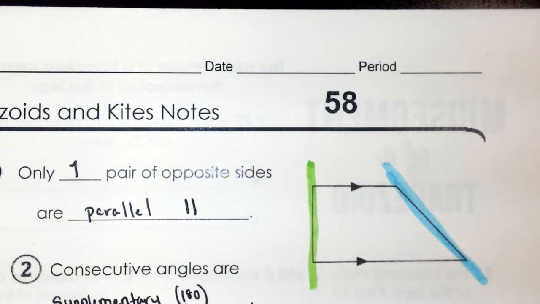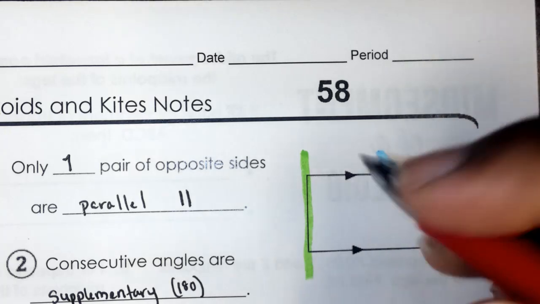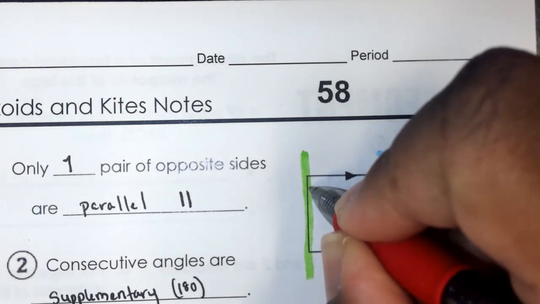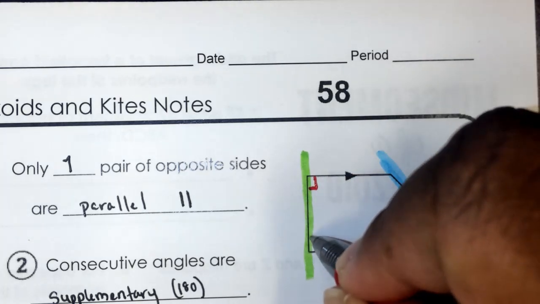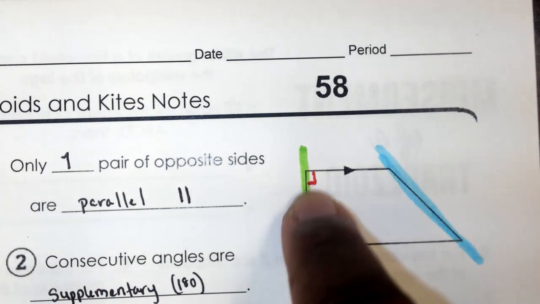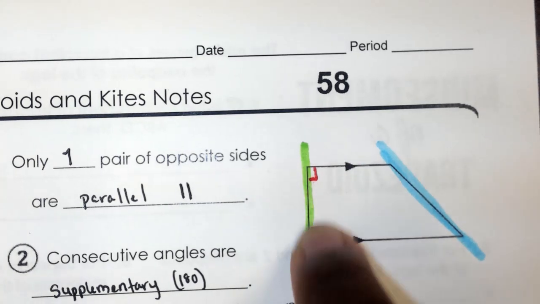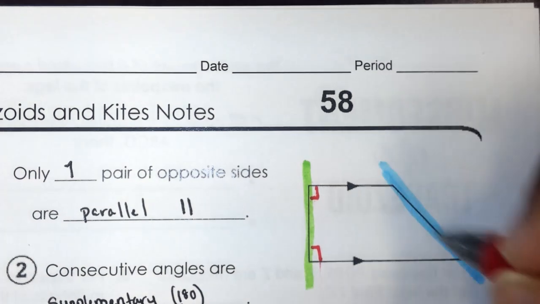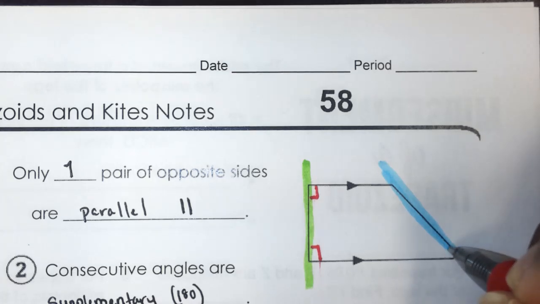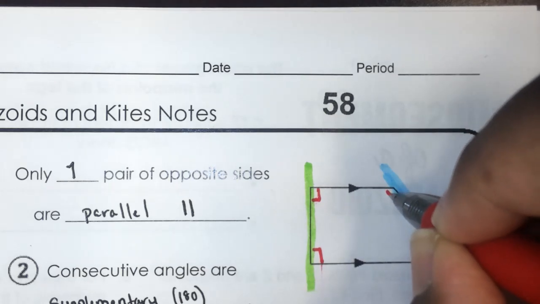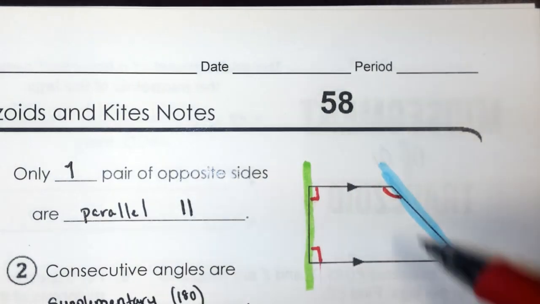The reason I'm saying that, it's only consecutive. Like these two angles right here, which will probably be right angles the way this one is. This angle and this angle would be consecutive on this transversal. They're both 90, so they would add up to 180. And on this transversal over here, this acute angle right here and this obtuse angle at the top right here would be consecutive.